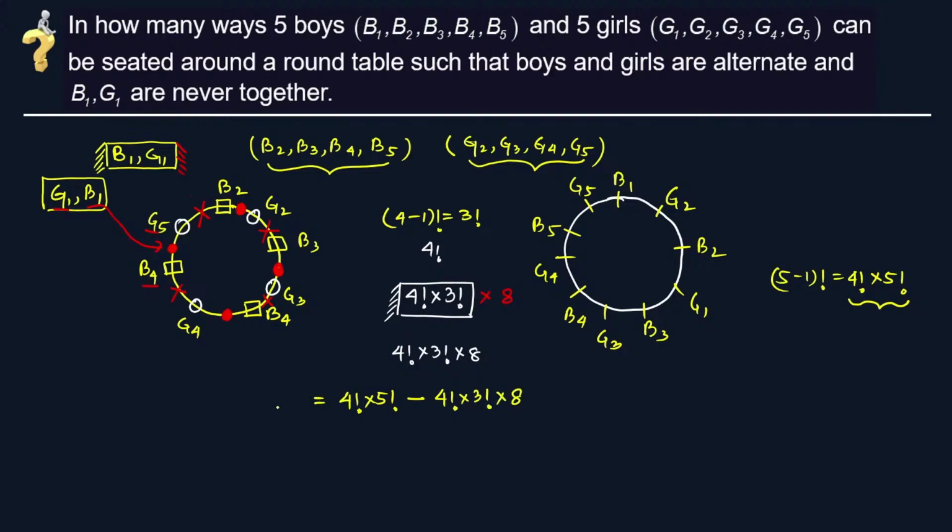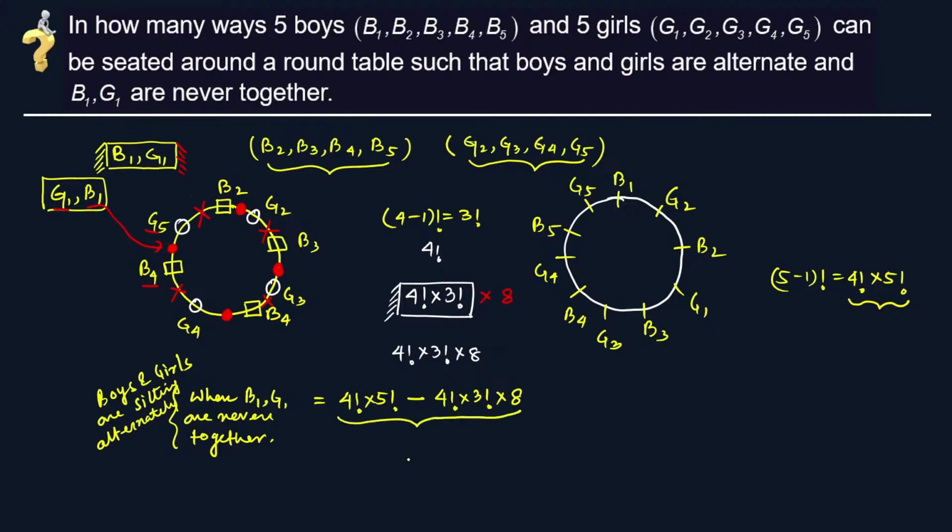So that gives us when B1, G1 are never together, but all boys and girls are sitting alternately. It will be factorial 4 into factorial 5 minus factorial 4 into factorial 3 into 8.